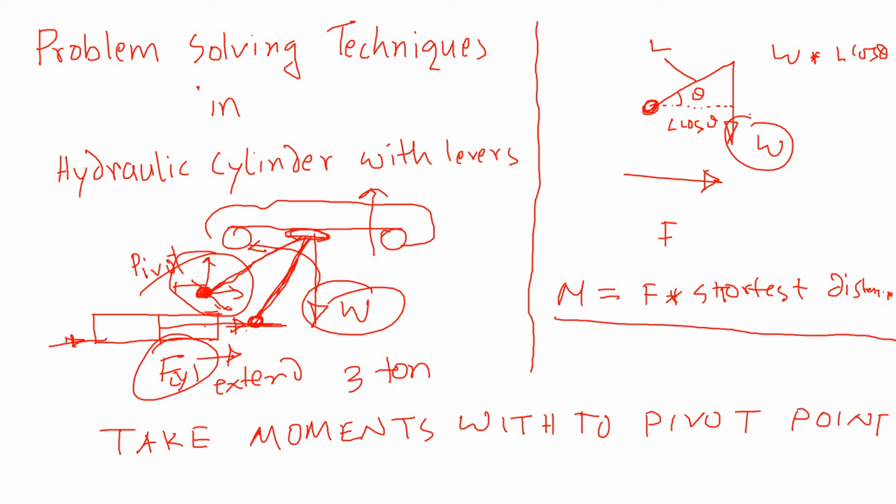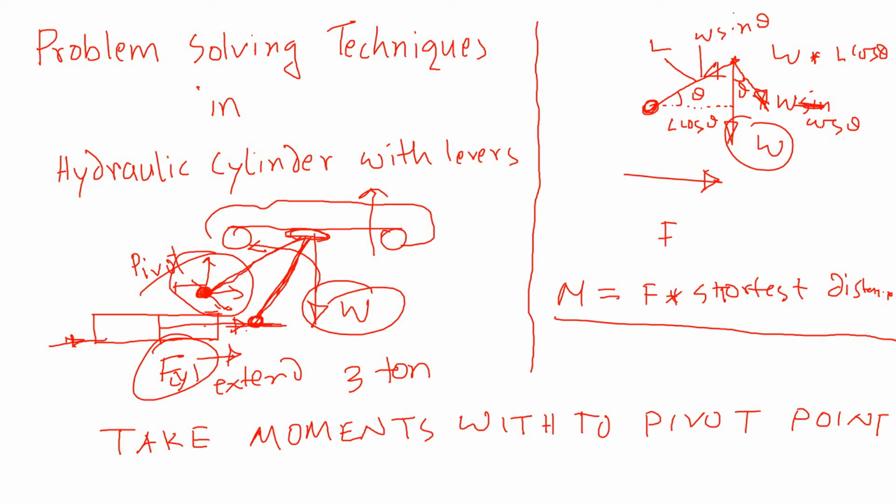Another way, we can resolve this force into the perpendicular direction. Then the perpendicular part is the shortest distance, and another component we can resolve this way. So this is theta, sorry, that's going to be W cosine theta, and this would be W sine theta.